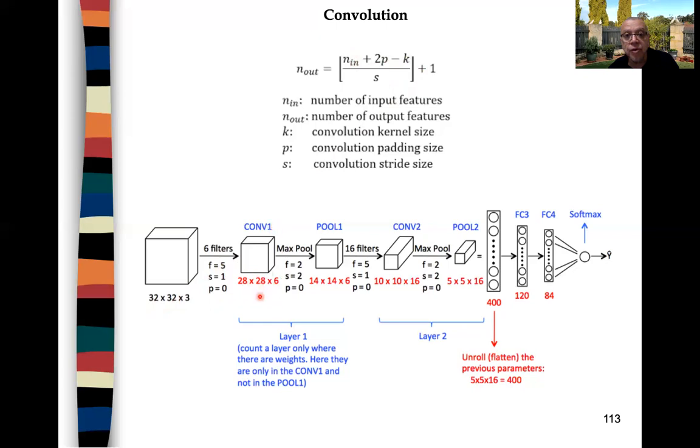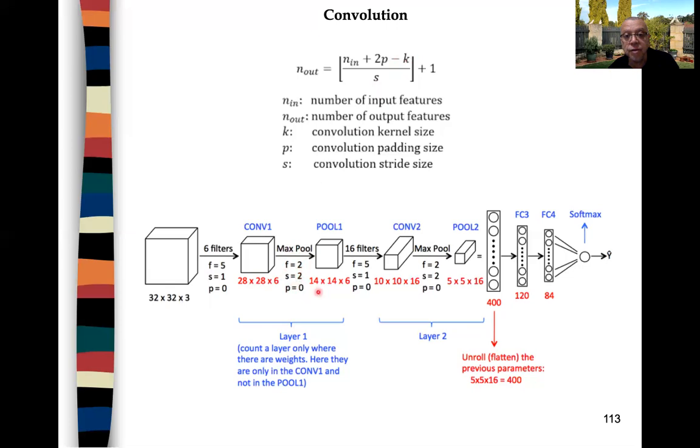The output here is the input 28 plus 2 times 0, because no padding, minus f, you have 2 filters here, so 28 minus 2 is 26, divided by 2, in this case, 2 strides.